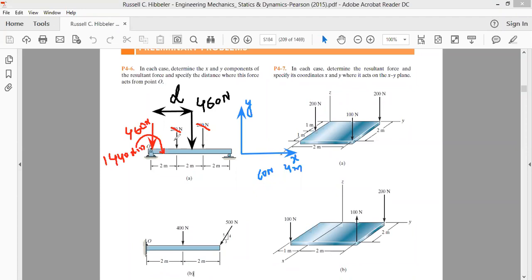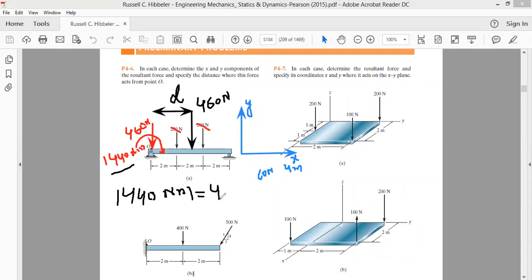Number two, the moment at point O, that is 1440 Newton meter, should be equal to the moment created by 460 Newton at a distance d about point O. That is, the 1440 Newton meter moment should be equal to the moment produced by 460 Newton when it is displaced to a distance d.